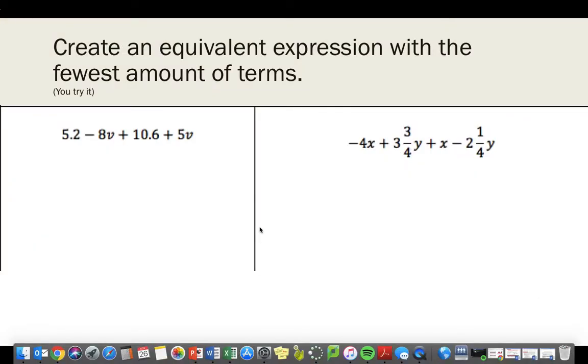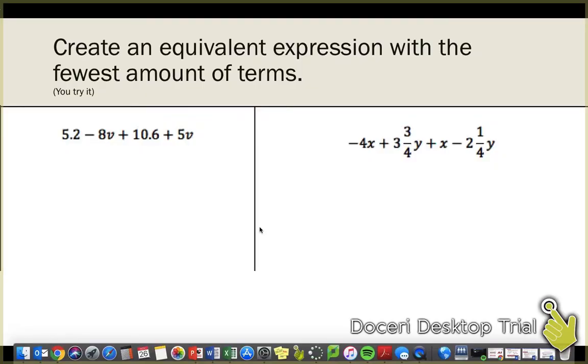Let's try a little bit more difficult ones. Here, we have our constants that are the same terms, 5.2 and 10.6, and then we have the ones with v's, negative 8v and positive 5v.